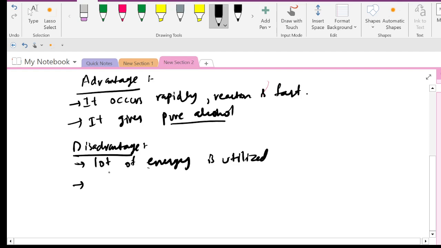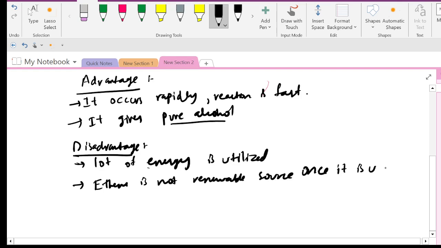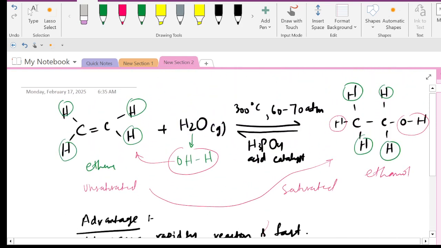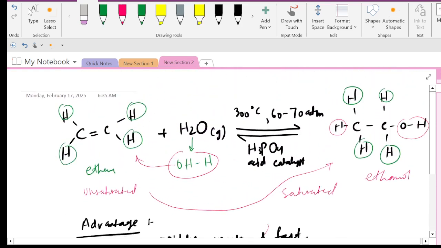Actually, it is not a renewable source. So once it is used, it's gone. So that is the disadvantage of this whole process of the ethene reaction with the steam.